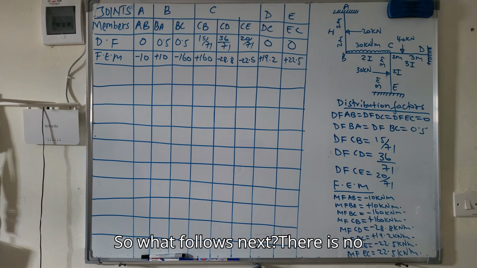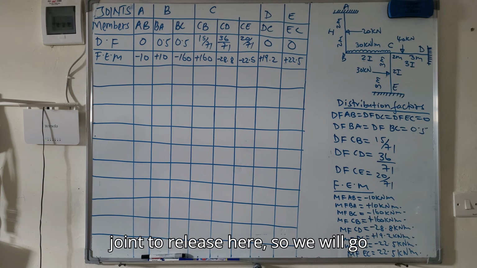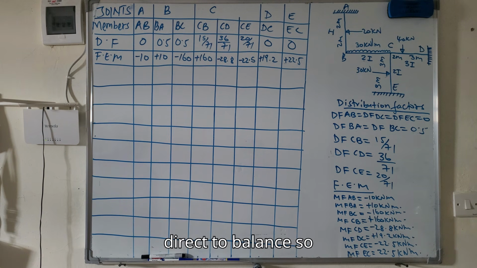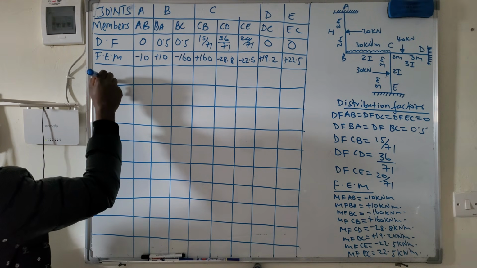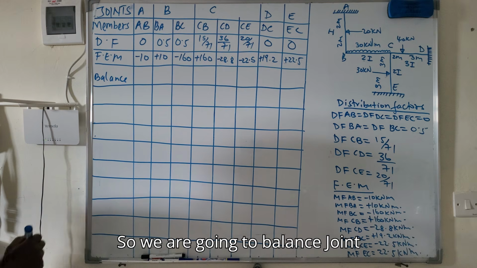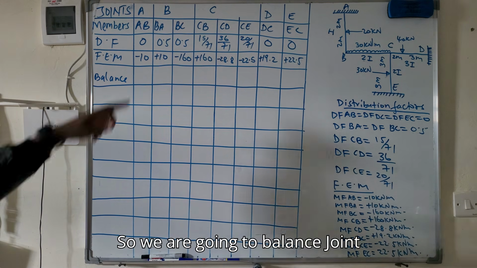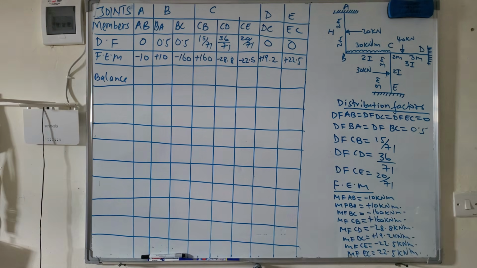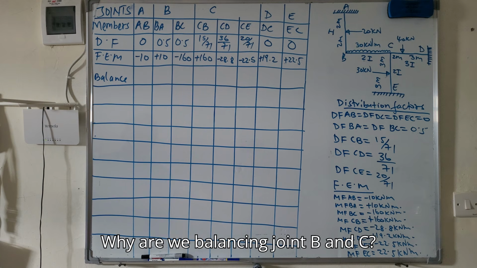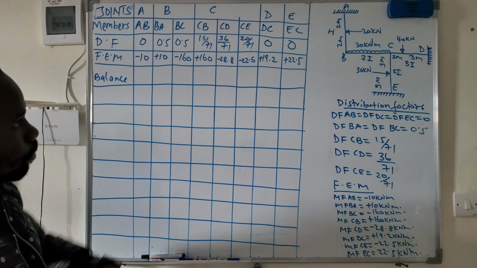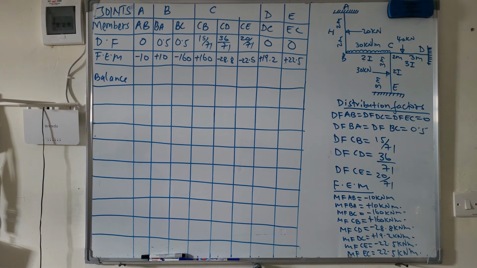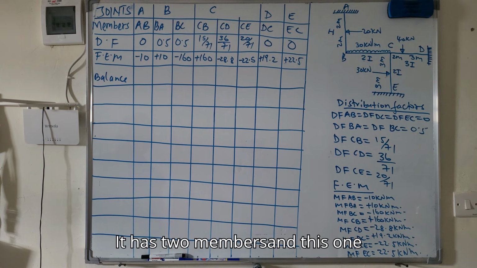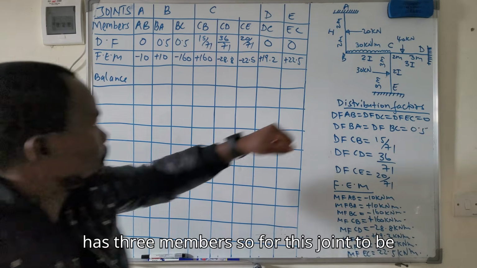So what follows next? There is no joint to release here, so we will go directly to balance. We are going to balance joint B and joint C. Why are we balancing joints B and C? Because, as you can see, this joint has 2 members and this one has 3 members.